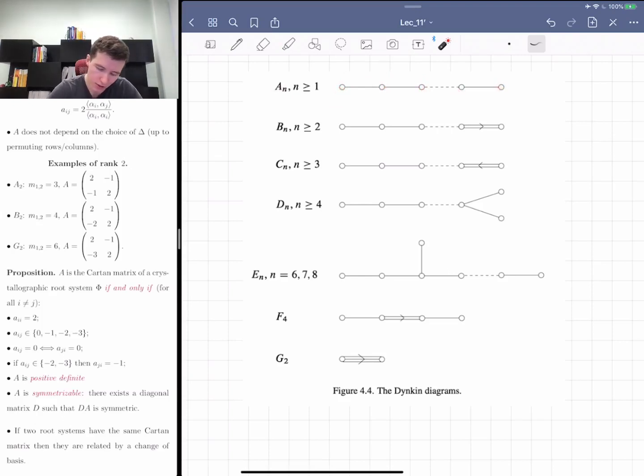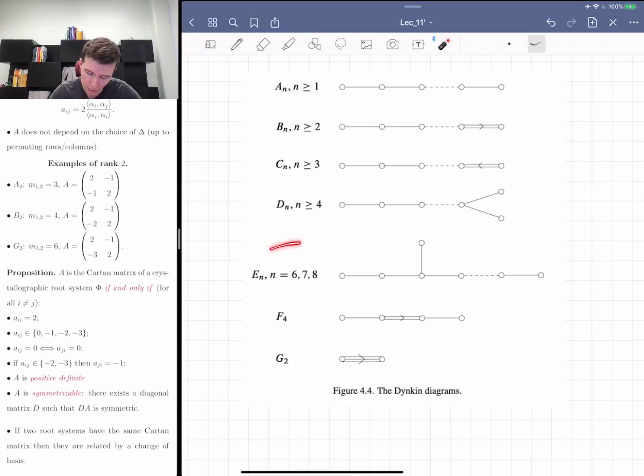All right. And so in type B and C, you can see that there is a double arrow at the end, which corresponds to a subroot system which looks like this. And in type G2, as we saw, G2 is that picture with the 12 arrows. You have a triple arrow in the Dynkin diagram.